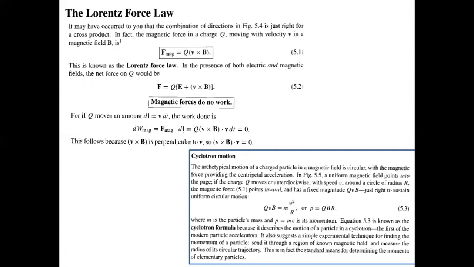Now, cyclotron motion. If we know about the Large Hadron Collider, the LHC, then the first design of a particle accelerator is basically the cyclotron, in which we use this basic formula, where a charged particle is in a magnetic field.